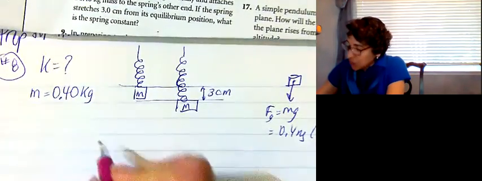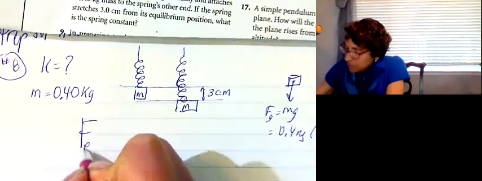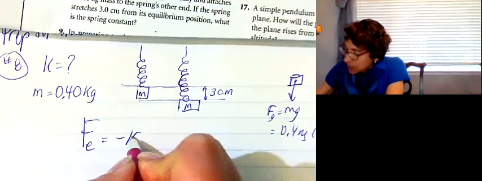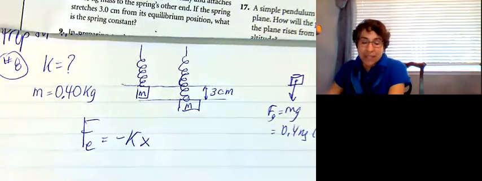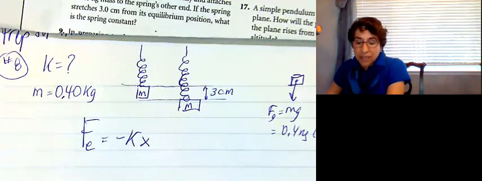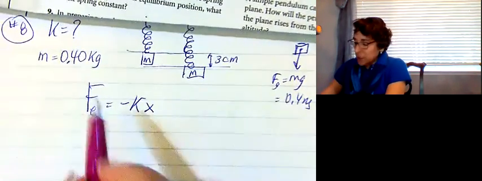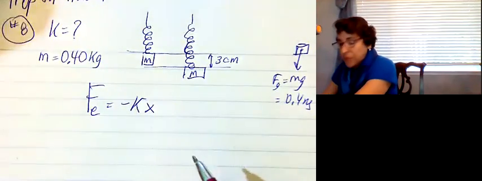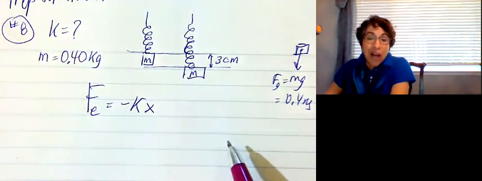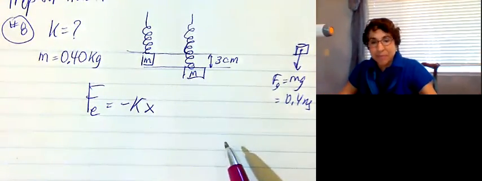And what is the equation for elastic force? It is equal to negative spring constant times the distance. Okay, the spring constant times the distance. So here they're asking for what is K? We want to know what K is in this problem. Okay, so as you know, I want you to solve for the variable always.